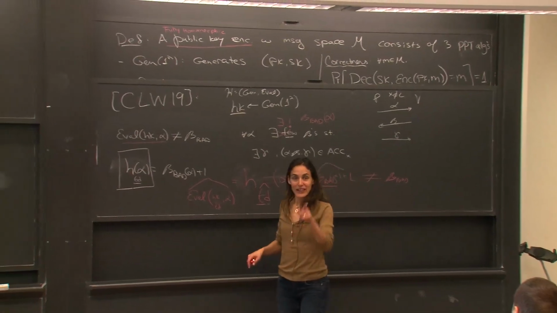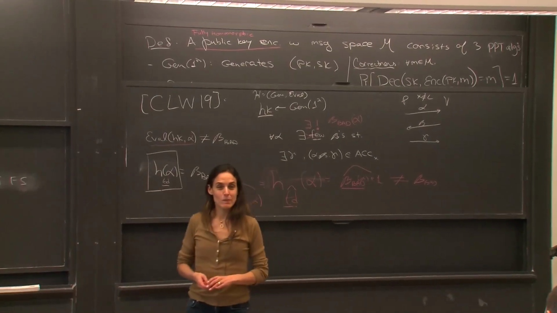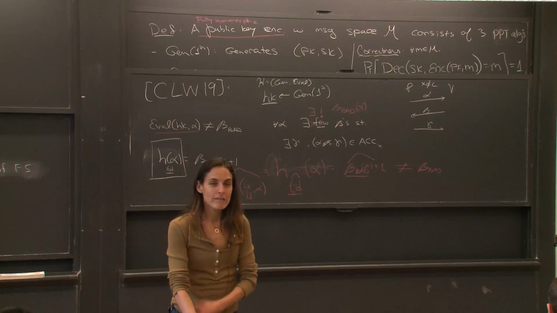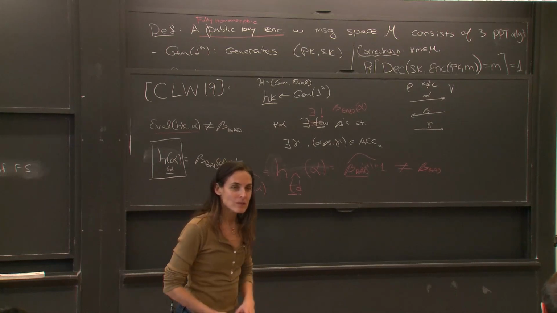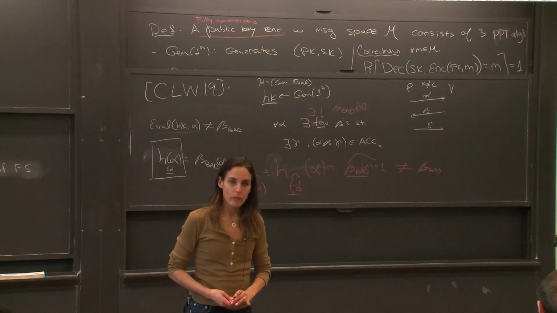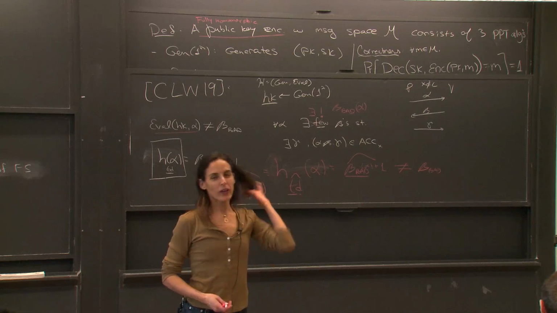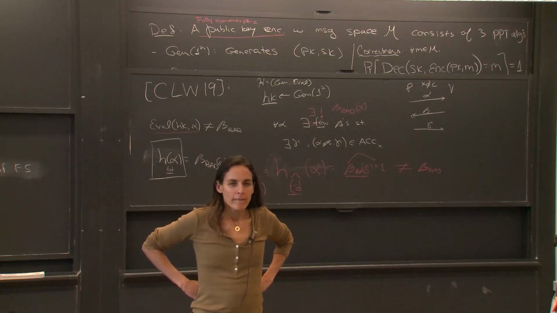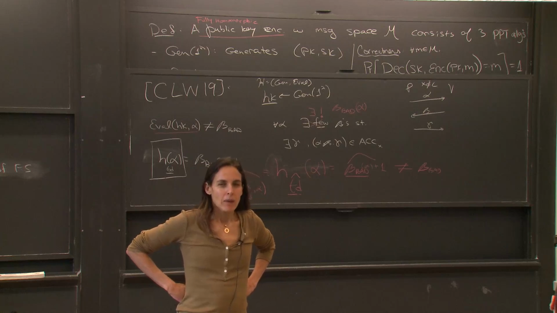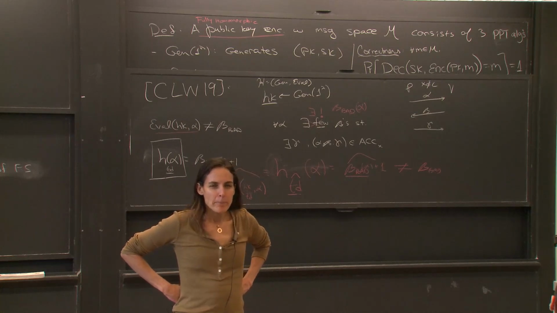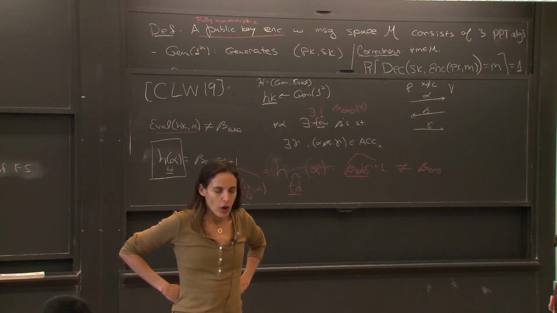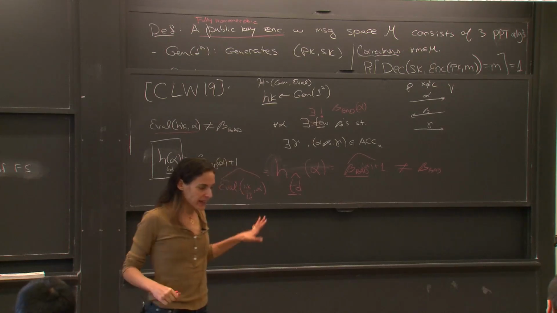Okay? Great. Yes? Is this only limited to interactive proofs where you commit to the witness, or can you generalize to proof systems where the first message is not necessarily the witness?